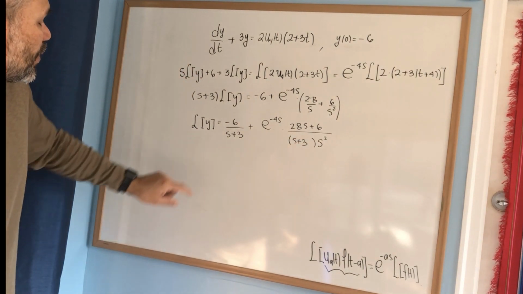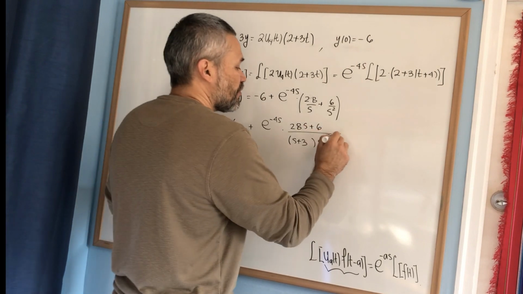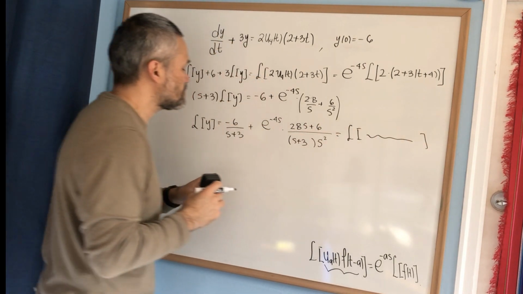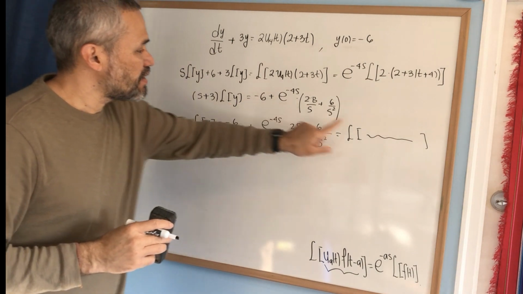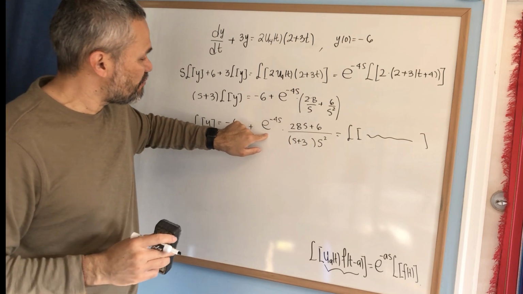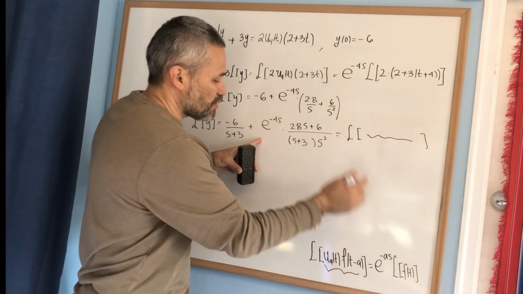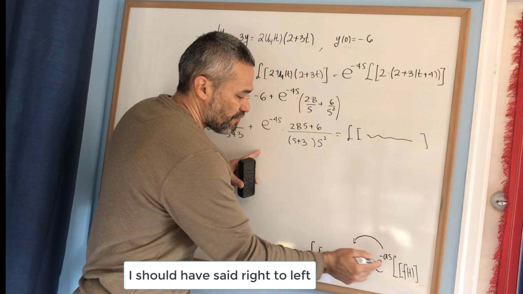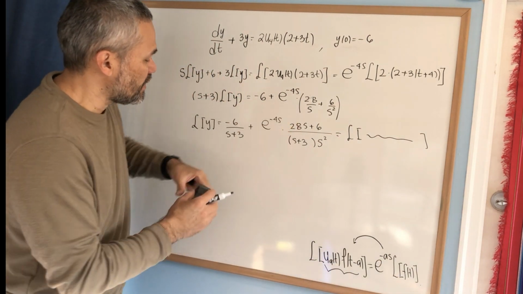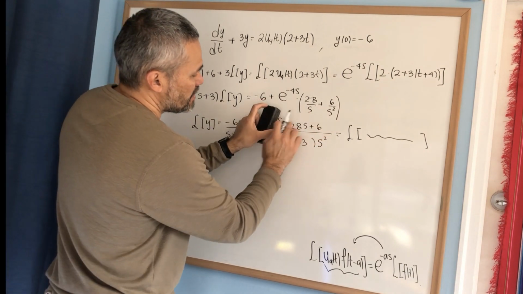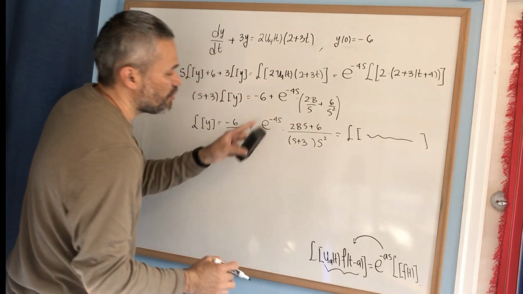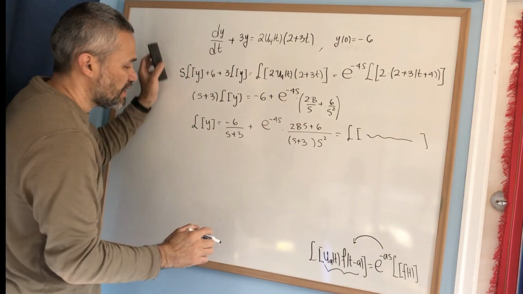And we have to write this as the Laplace transform of an expression, so that at the end we can say that y is equal to this expression. But in order to write this as the Laplace transform of a function, we're going to use this formula from left to right. But the first step is to be able to write this part, the 28s plus 6, as the Laplace transform of a function. We have to compute a Laplace transform inverse. Let's take care of that.